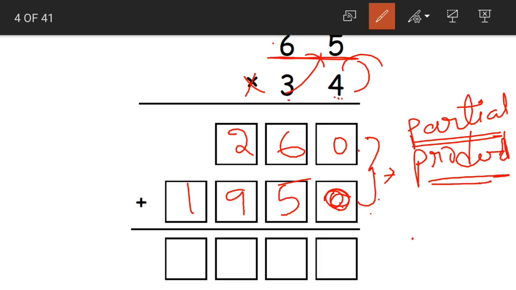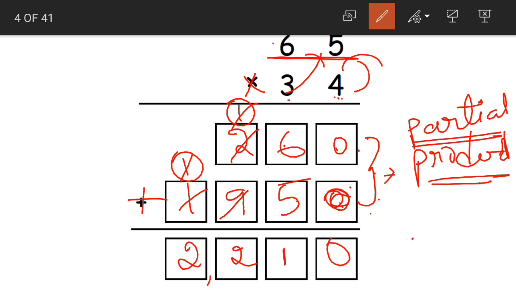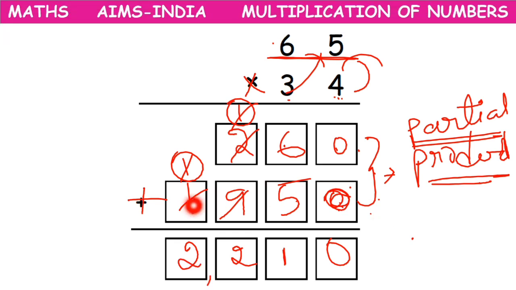Now what to do? We should add these partial products together. 0 plus 0, 0. 6 plus 5 is 11, 1 here, 1 carried. 1 plus 2, 3. 3 plus 9, 12, 2 here, 1 carried. Lastly 1 plus 1, 2. 2210 is the product of a multiplication.